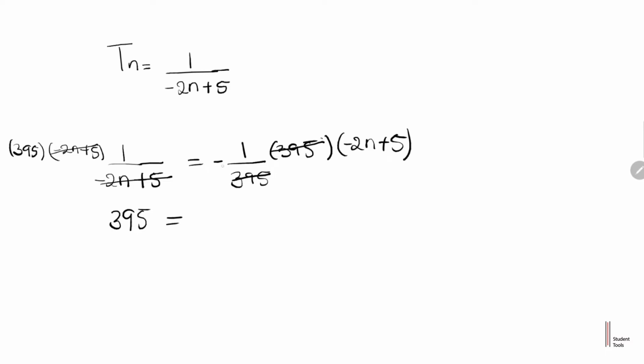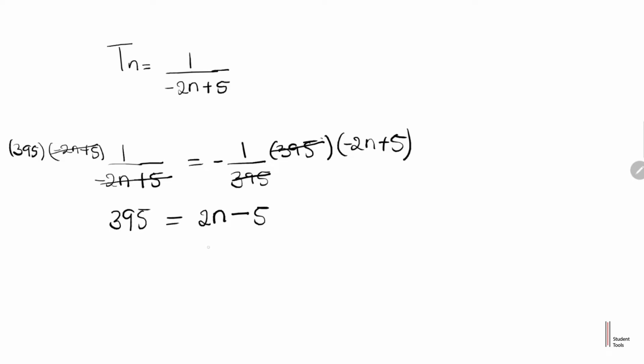So we will have minus 1 multiplied by minus 2n. Negative multiplied by a negative, that means we have a positive. So here we will have positive 2n. And then negative 1 multiplied by a 5. It's going to be a minus 5.